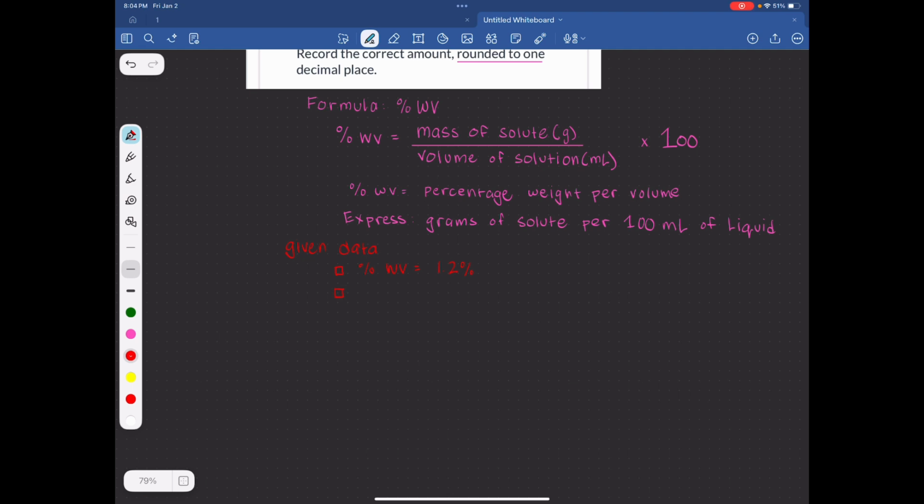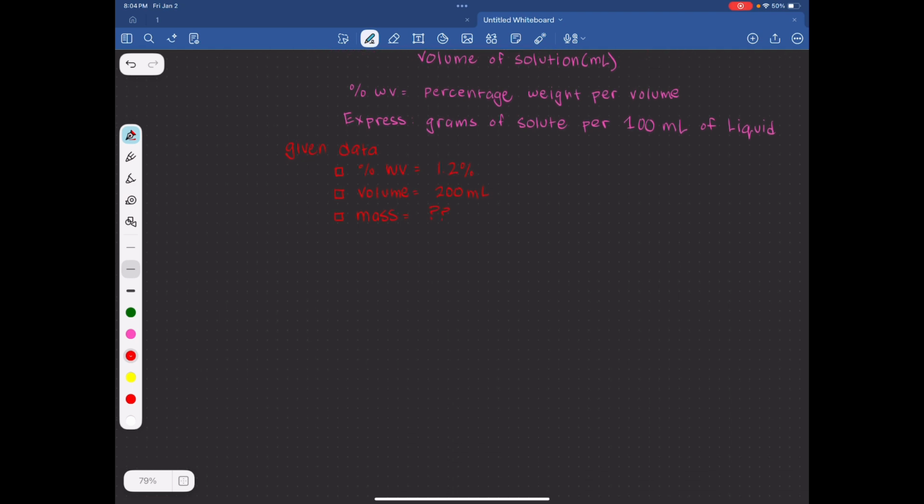Our volume is going to be 200 milliliters. And we are looking for the mass. So let's rearrange the formula.